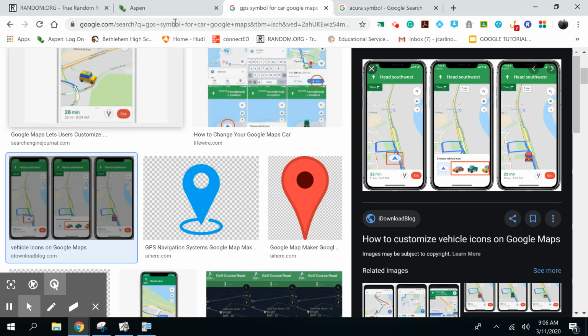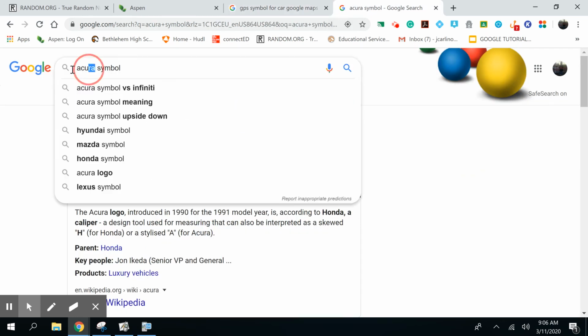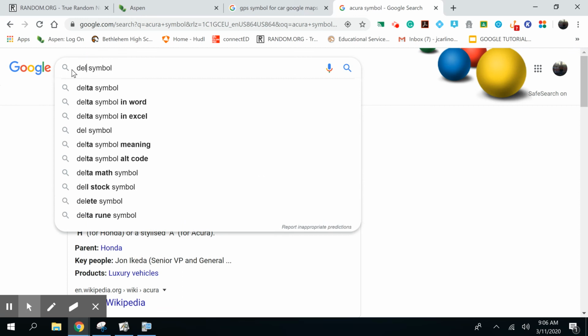There it is, the Delta symbol. Yeah, Delta Airlines. Yeah, the completely wrong one.